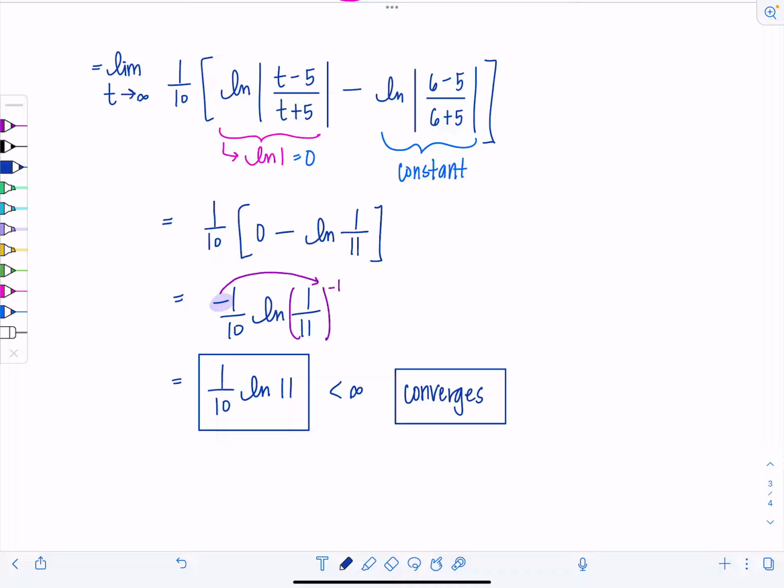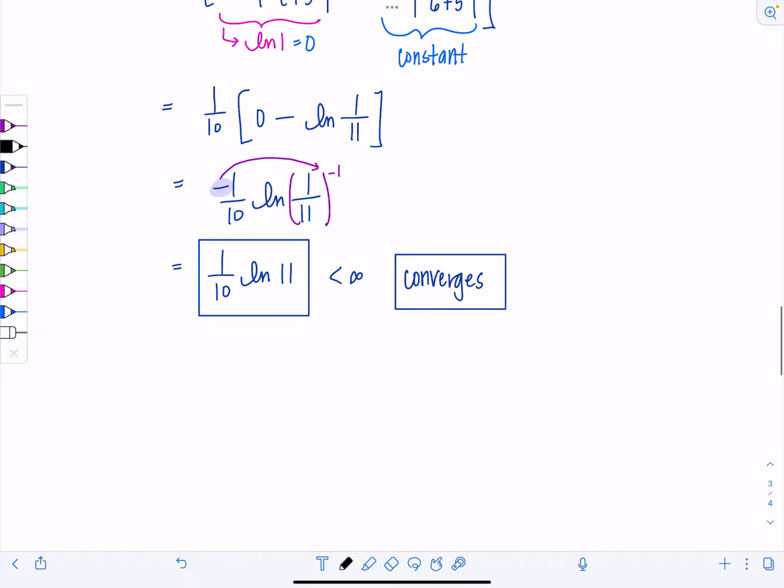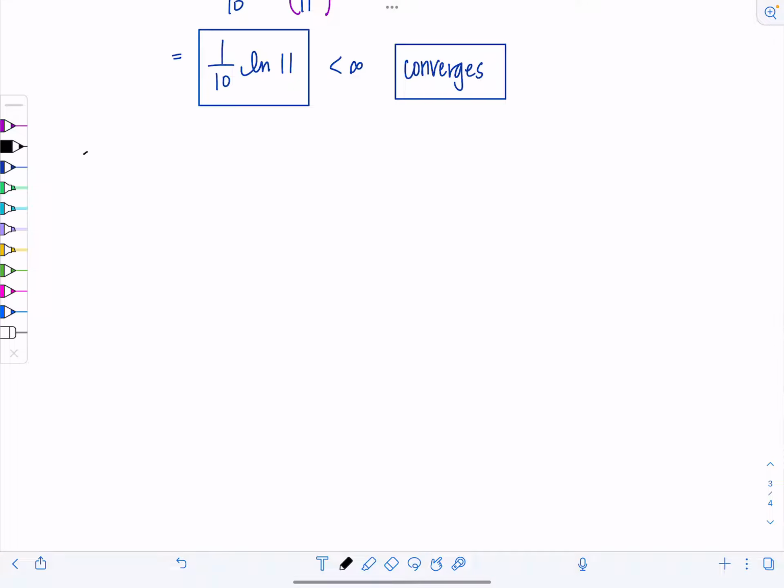How are you doing? Did you like that one? Okay. Got a couple more. Let's look at example number 2. We've got the integral from 0 to infinity of 36 times 1 plus tan inverse of x over 1 plus x squared dx.